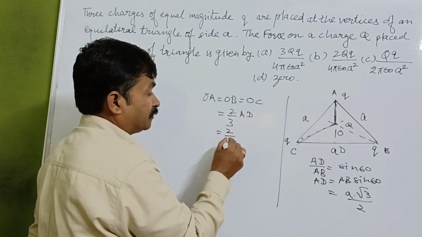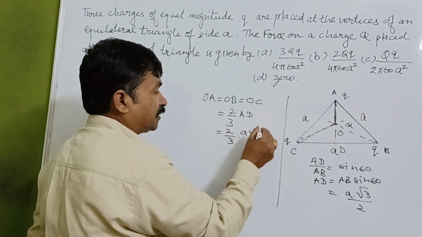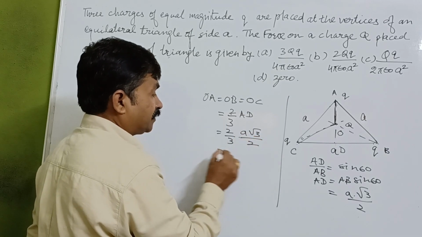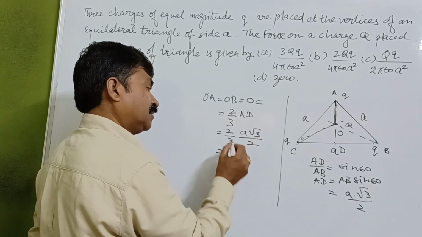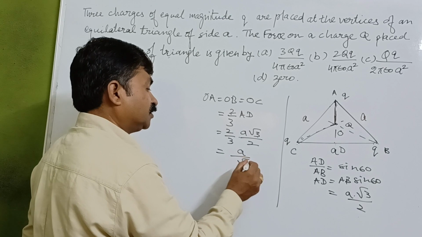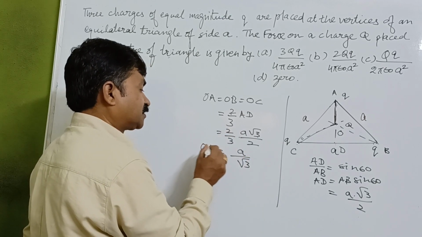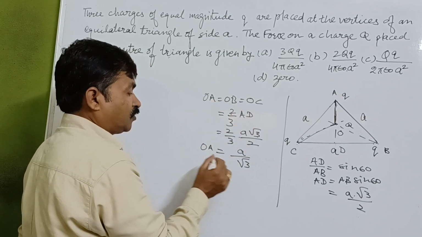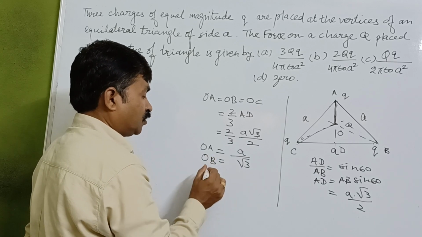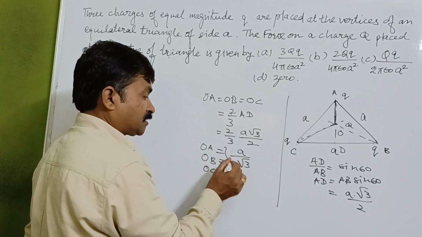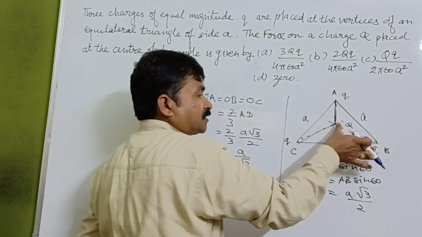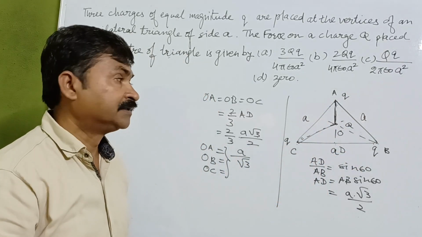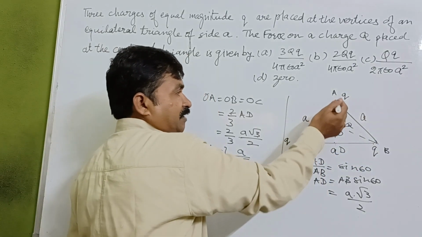So 2/3 of A root 3 upon 2 gives A upon root 3. So we have got the distance OA equal to OB equal to OC. Once we have got this distance, we can calculate the force.